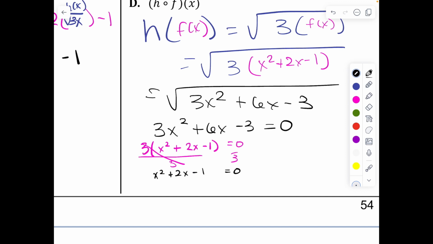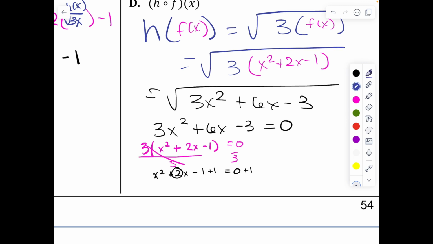The only way this is really going to help me is if I manipulate this a little bit so I can complete the square to make this work. If I'm completing the square, I'm going to take this 2, cut it in half, and square it. So I'm going to add 1 to both sides.